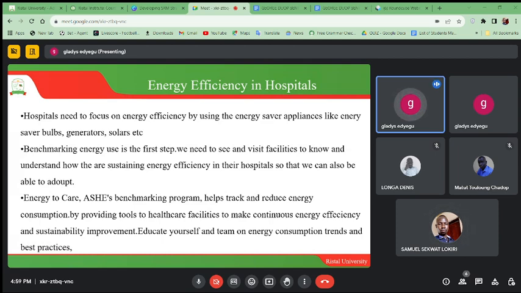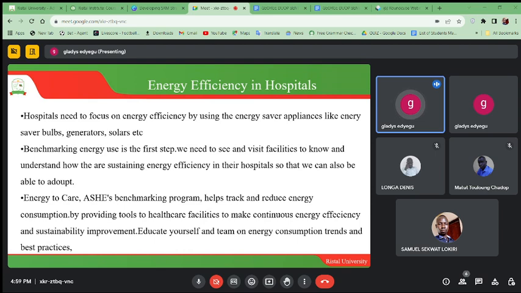In this energy efficiency in hospitals, we need to benchmark and see that different hospitals are using different energy efficiency equipment or resources. When they are using them, they are able to tell us their experiences, and we can adapt. And that is what they call benchmarking.